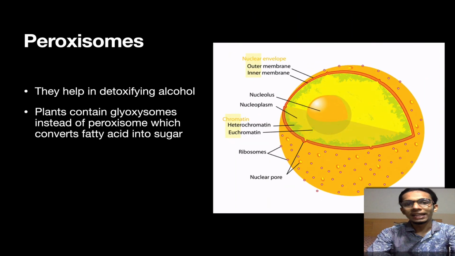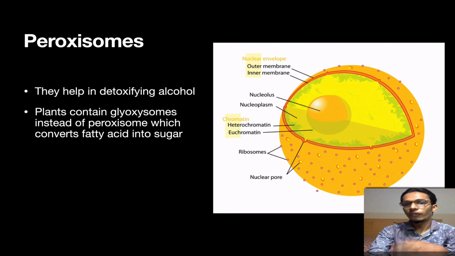Peroxisomes help in detoxifying alcohol, majorly found in our kidneys, and plants contain glyoxysomes instead of peroxisomes. It's kind of a difficult word. So glyoxysomes, instead of peroxisomes, convert fatty acids into sugar. What does a peroxisome in an animal do?